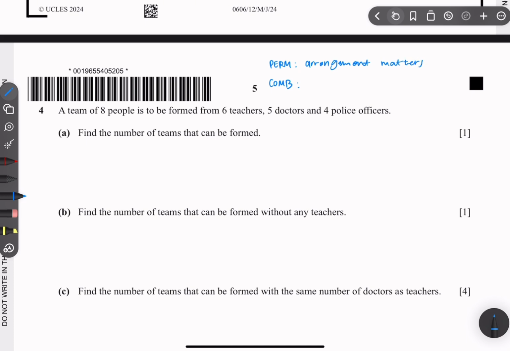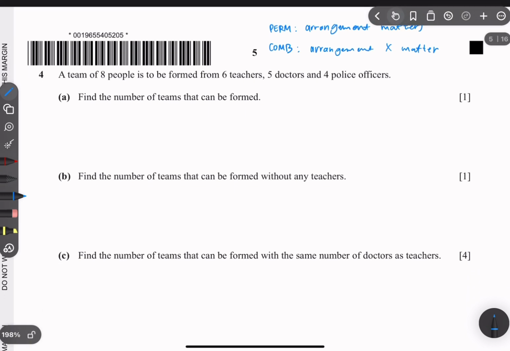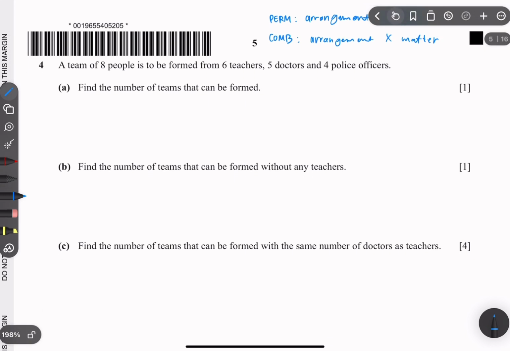And for combination, the arrangement does not matter. Since part A is asking for the number of teams, the arrangement does not matter, so it's combination.